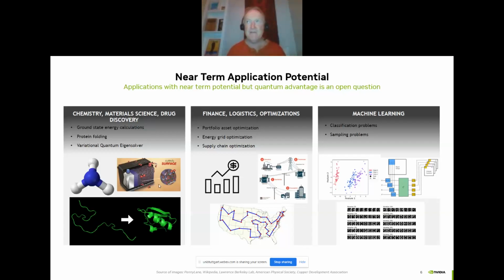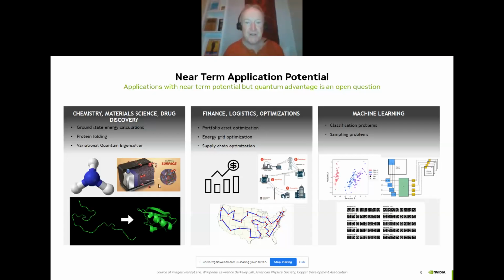Determining the ground state energy of a system is one of the keys to doing protein folding calculations, and then calculating how this protein is going to fold up on itself and the shapes that it forms is really critical for drug discovery and working with the chemistry applications for molecular biology and so forth.